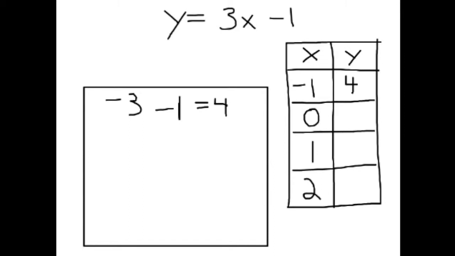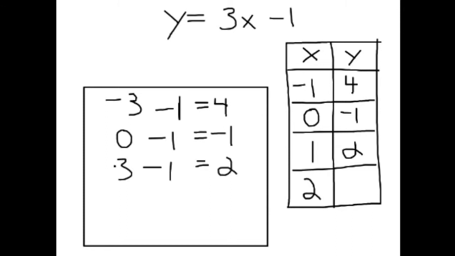And if you plug in the 0, 0 times 3 would be 0 minus 1, which equals -1. Let's plug in 1. 1 times 3 is 3 minus 1 equals 2. And the last one, 2 times 3 is 6 minus 1 equals 5.